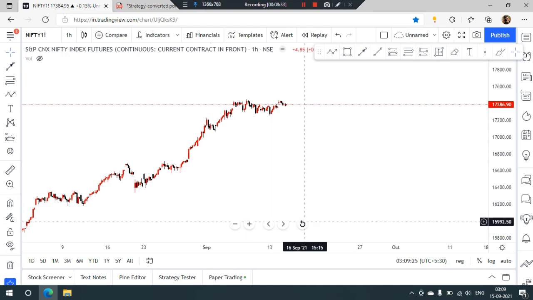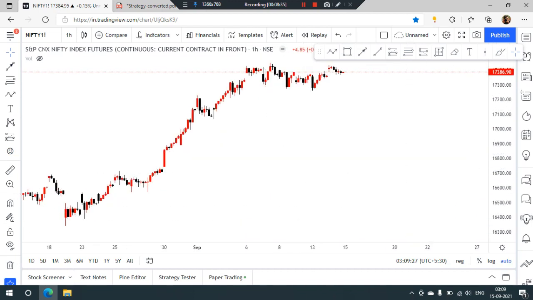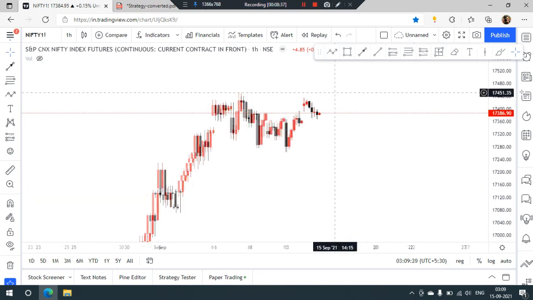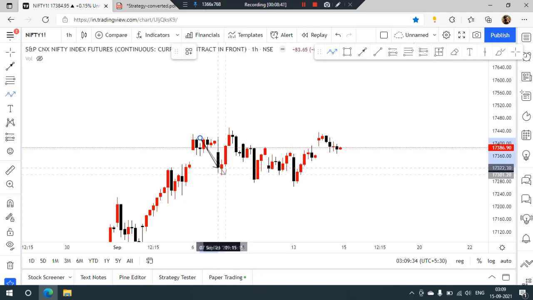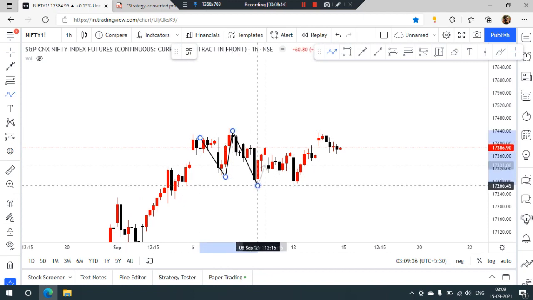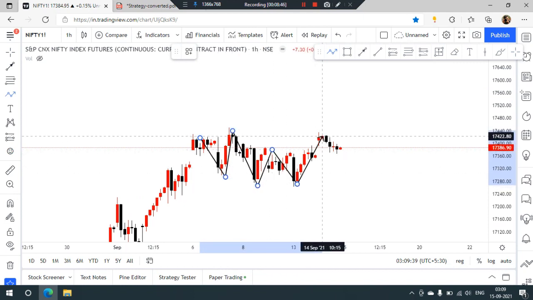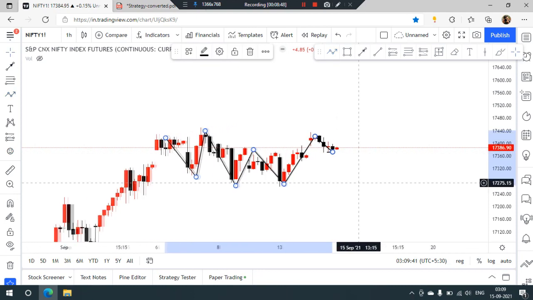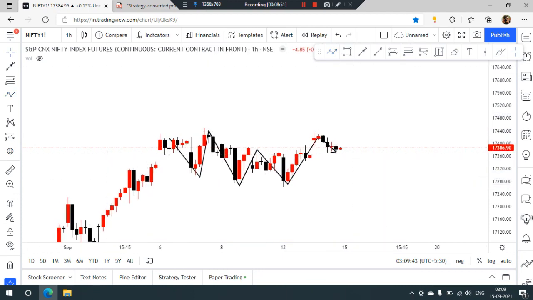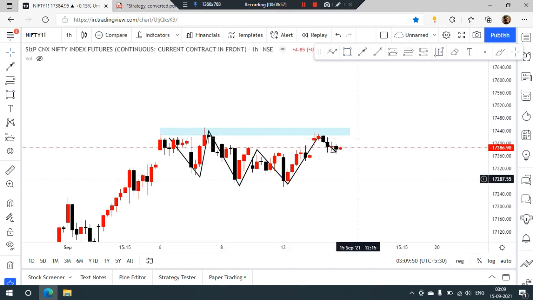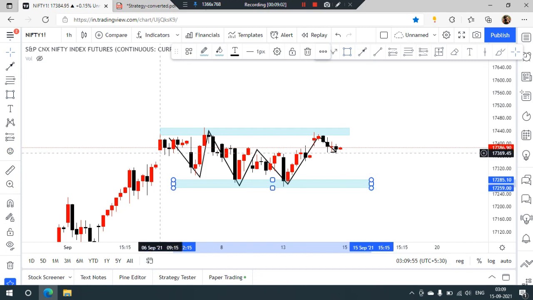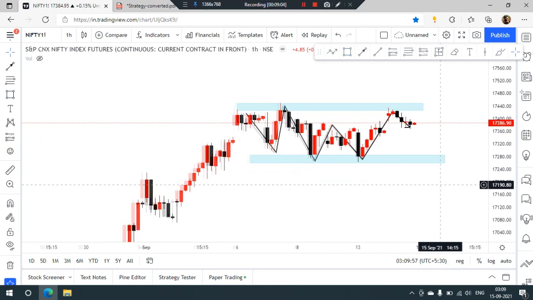In a 1 hour time frame what I actually see is up, down, up, down, up, down, up. So if you identify this market as a ranging market, then congrats, you have understood market structure, because this is forming equal highs and equal lows.